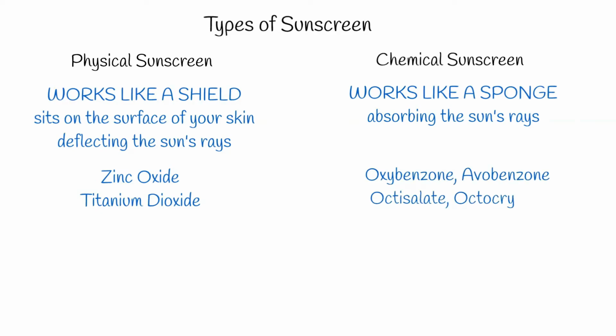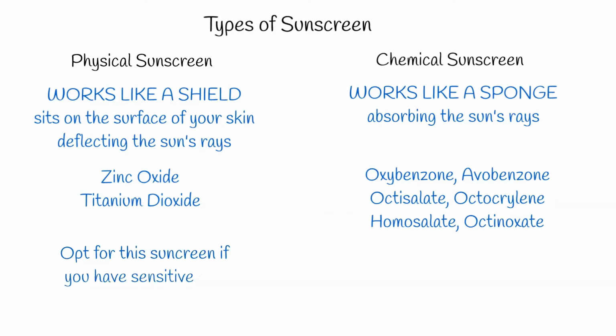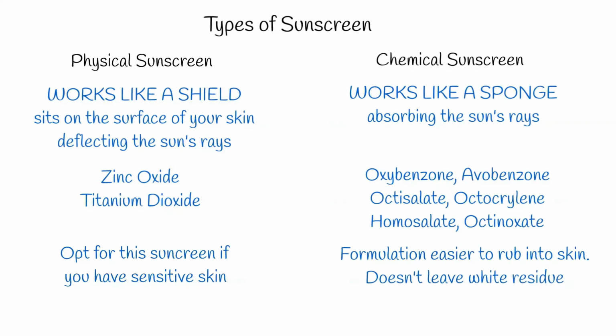Chemical sunscreens are made of oxybenzone, avobenzone, octisalate, octocrylene, homosalate, and octinoxate. Opt for physical sunscreen if you have sensitive skin. Meanwhile, chemical sunscreen formulations are easier to rub into skin and don't leave a white residue.